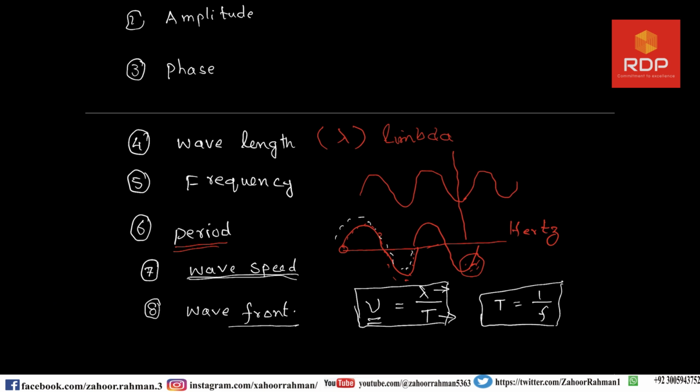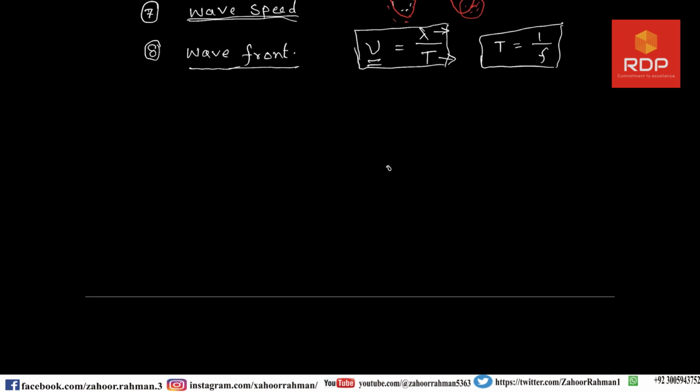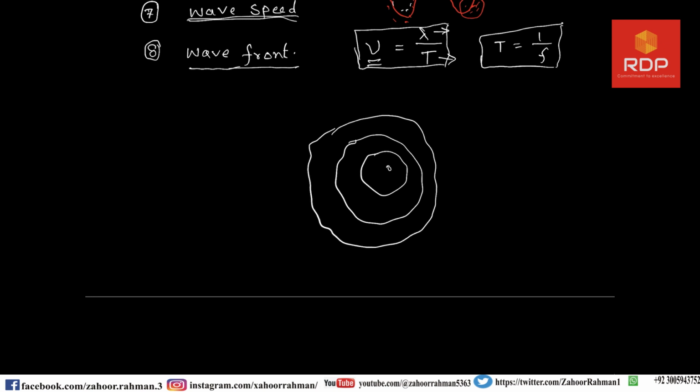But first we are defining this wavefront. If there are circular waves that are produced in water, so the waves are produced like this. So these all waves are produced like this.